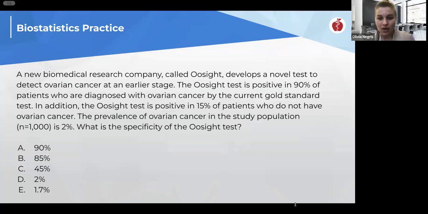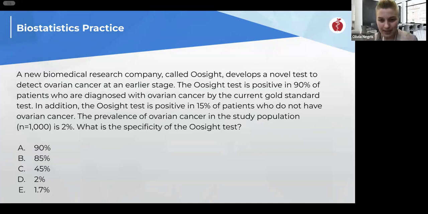So in order to solve this, we can see that adding the false positive rate and specificity has to equal 100%. Specificity is our true negative rate, and true negative rate plus the false positive rate has to equal 100%. So we can rearrange these equations to get specificity.